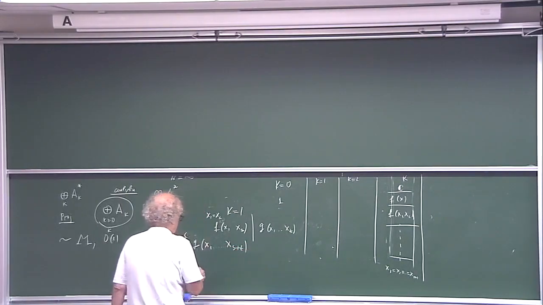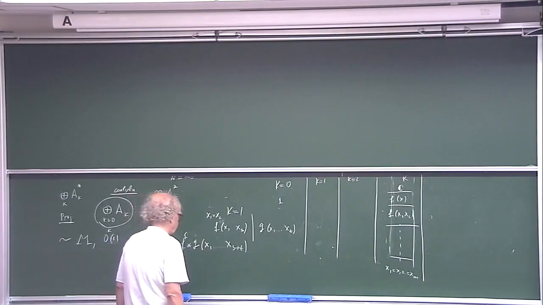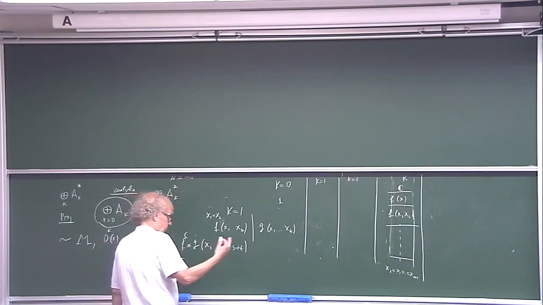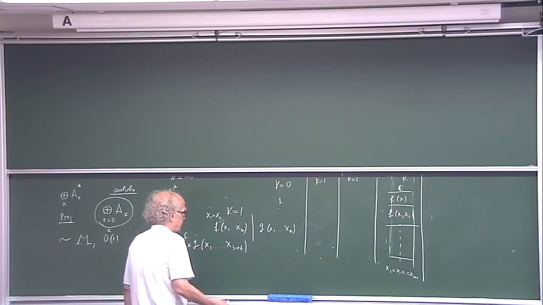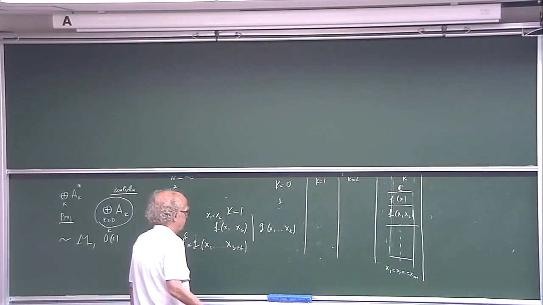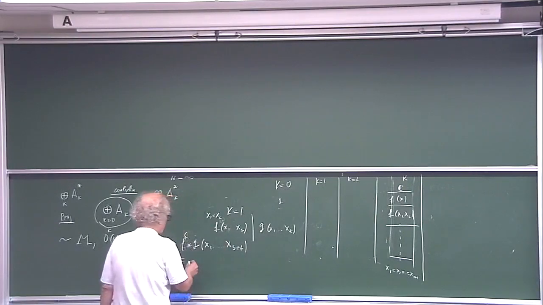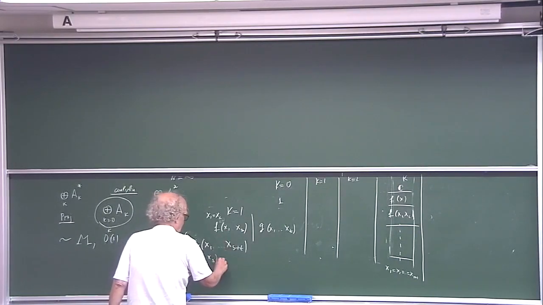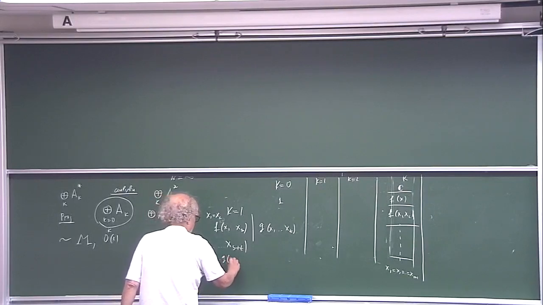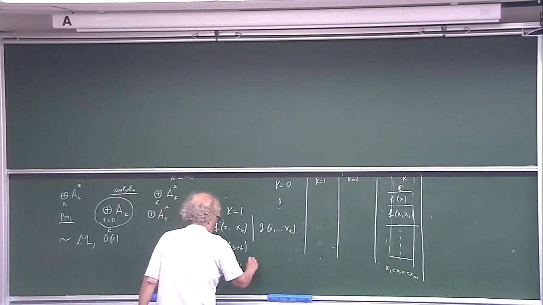If you translate what I said to this language, then you have f of x1 through x s times g of x s plus 1 and so on through x s plus t.